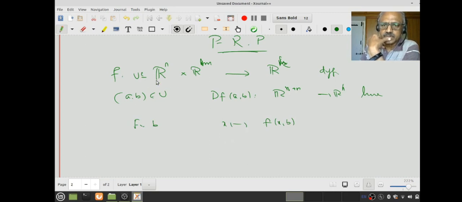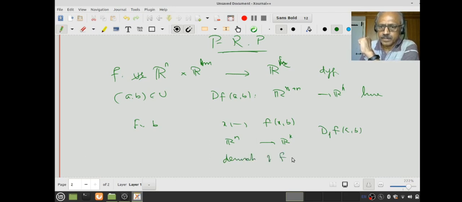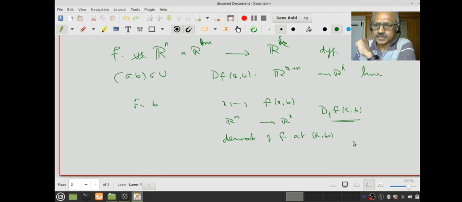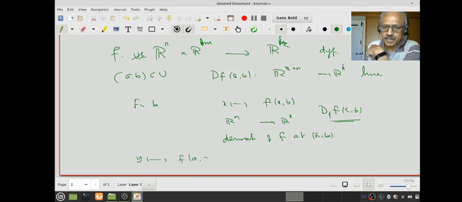Just if you want, think of Rn to Rk. The derivative of this map at the point a is called the first partial derivative, D1 f at (a, b). And similarly, you can define y going to f of (a, y). That will be a map from Rm to Rk.